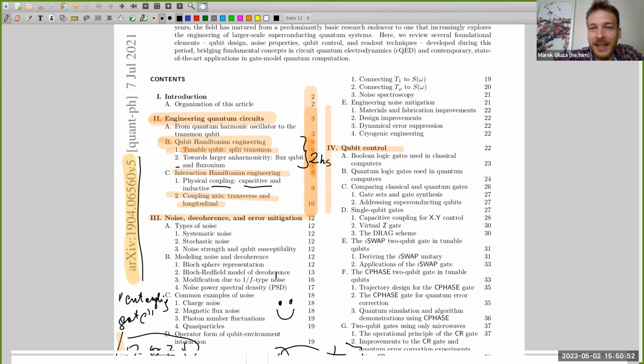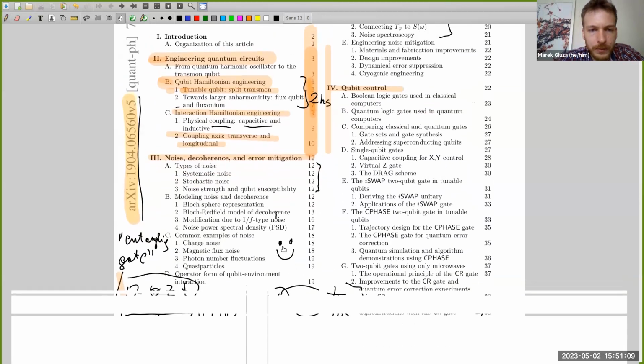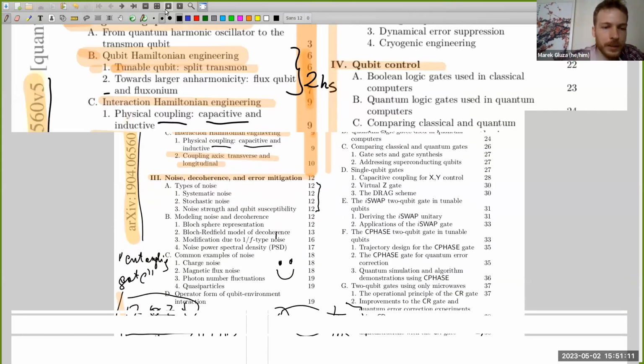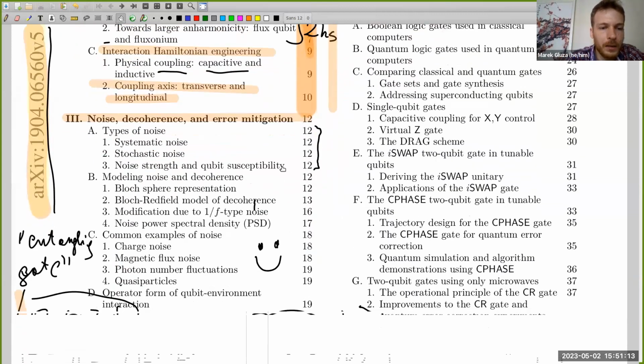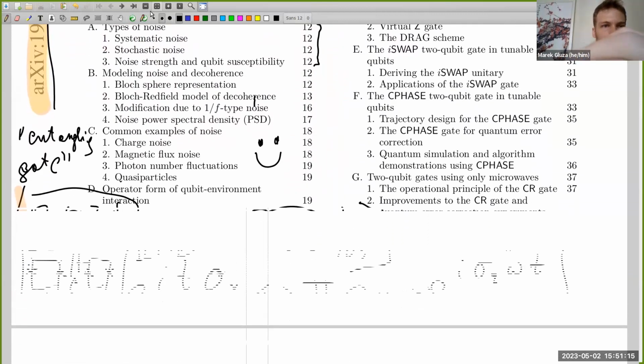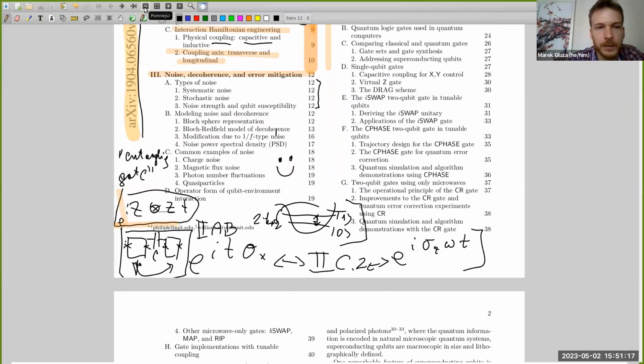Yeah, so just this kind of stuff, noise spectroscopy and so on, even how to do it, it's fairly complex. So just to give you some ideas. So types of noise, this is a little bit of like an encyclopedia, but it's written with physics in mind, so it's not too bad. Okay, so 12 until 17 starts quite easy.